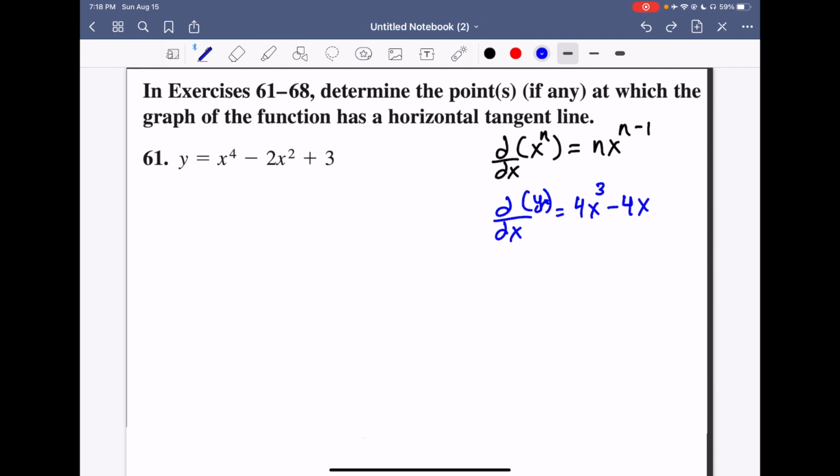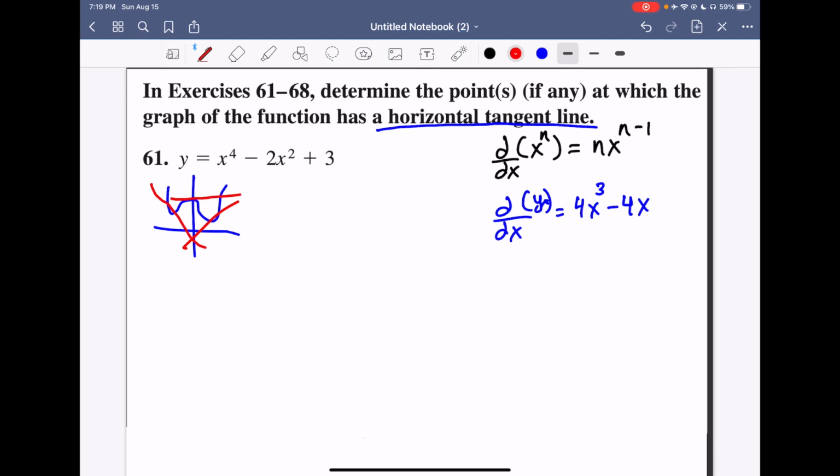Second of all, because we're looking for horizontal tangent lines, keep in mind just the derivative itself of a graph. Let's say, for instance, let's pretend that this is the graph. Based on the derivative, we can find the slopes at certain points. Let's say here, maybe there.